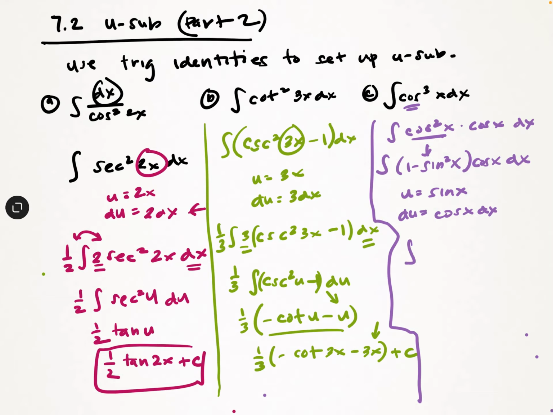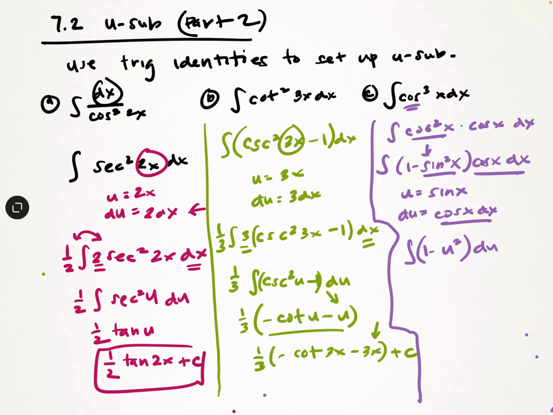This is going to be the integral of 1 minus u squared du. Notice we don't have to balance anything out, right? Because the cosine x is the cosine x. This is exactly what we wanted from the beginning.